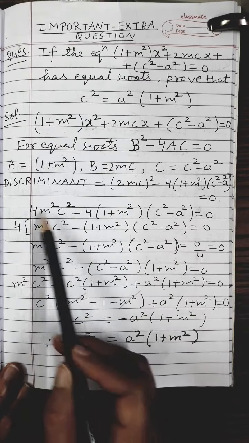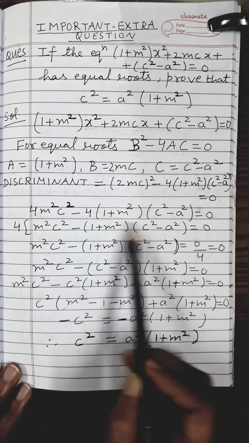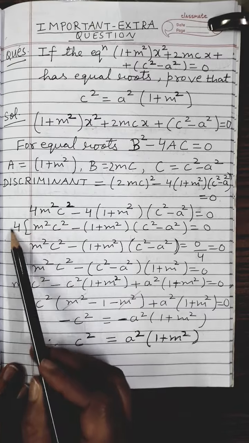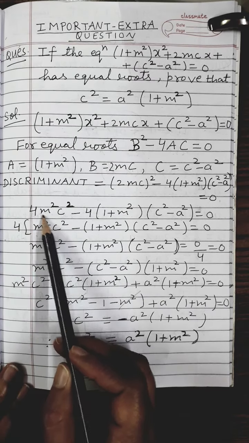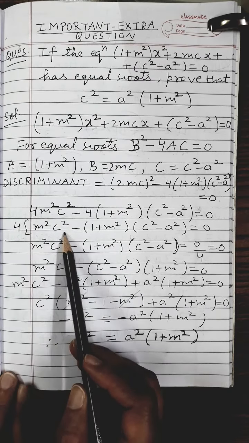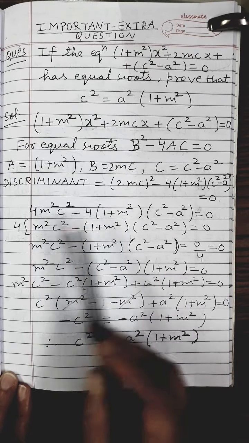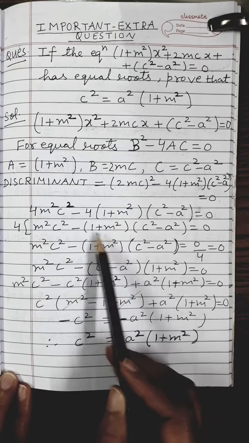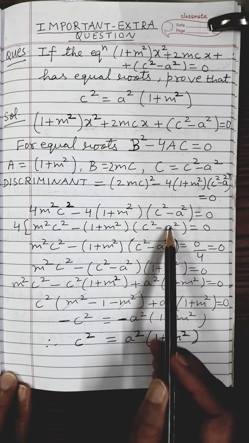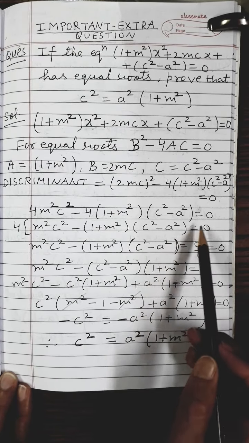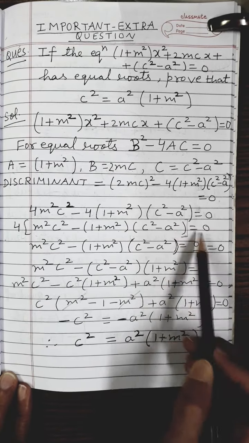What do you see common in the first term and second term? 4. So I take out 4 common with a big bracket. What remains from the first term? m²c², minus. What remains from the second term? 4 I have taken out, so what remains is (1 + m²)(c² − a²). Bracket close, equals 0.